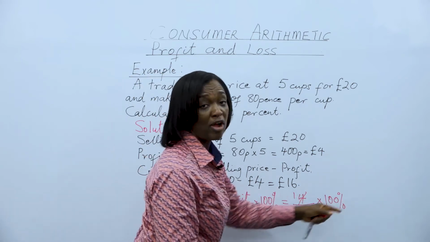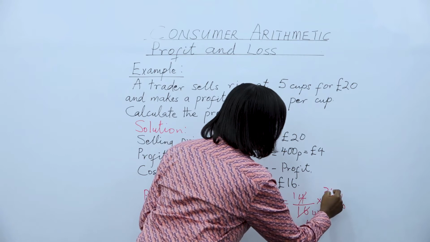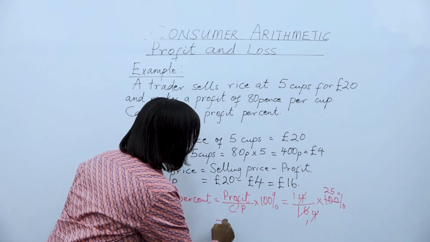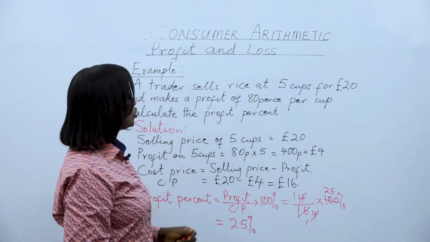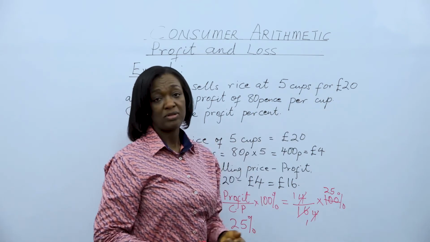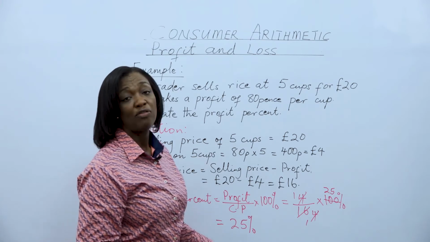And then 4 in 100 would give us 25. So the percentage profit is actually equal to 25%. So by selling the 5 cups for £20, the trader has made a profit of 25%.